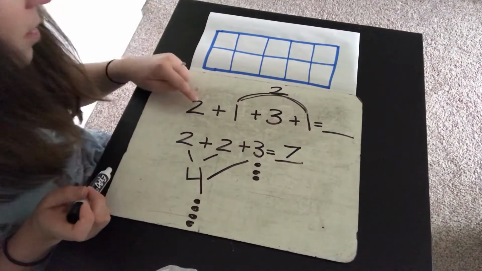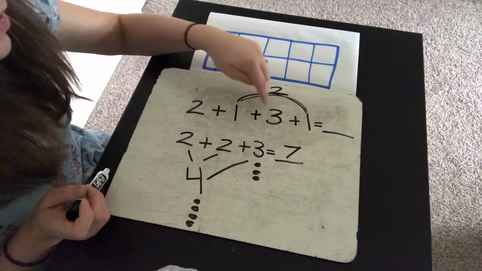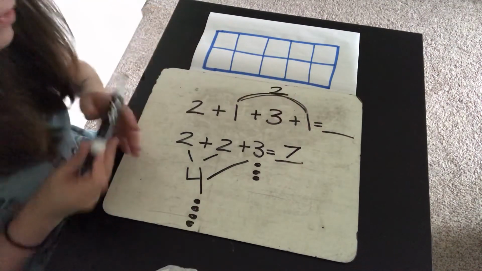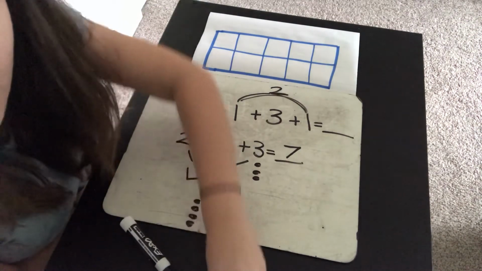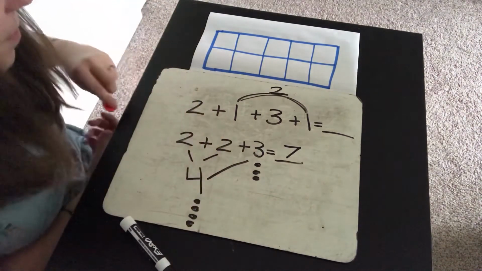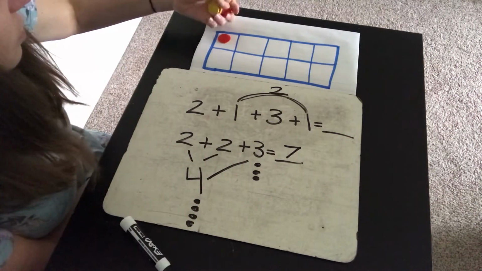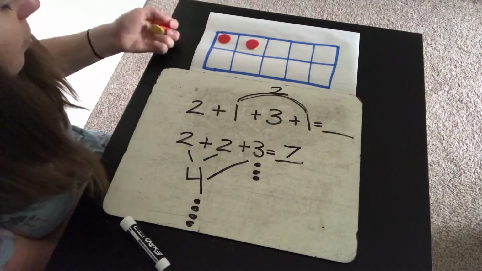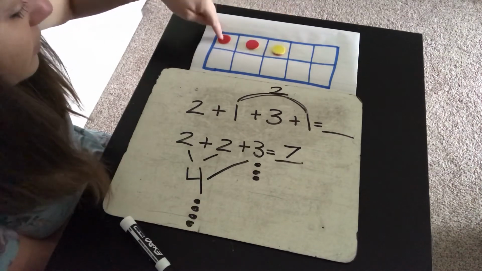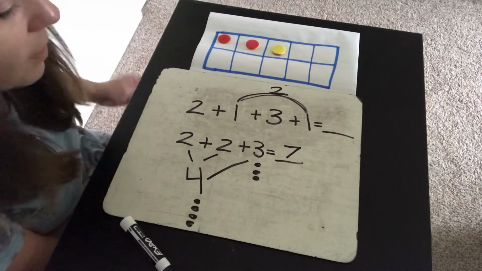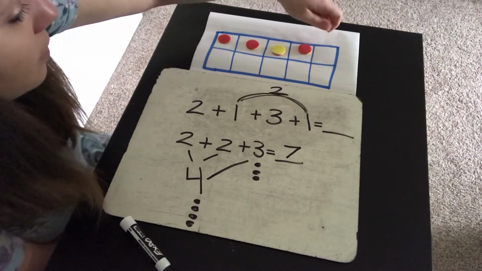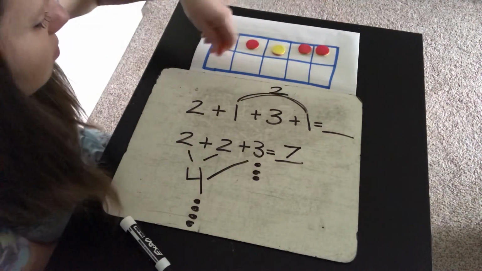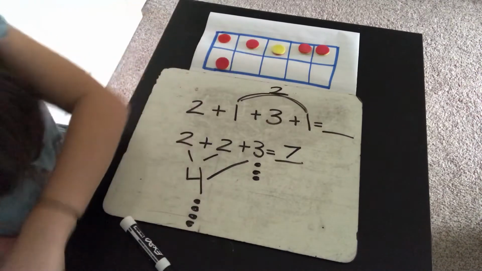So up here now, 2 plus 1 plus 3 plus 1 should equal 7. Let's double check it on our 10 frame here. I know that was kind of a lot of work to figure out that problem. So 2 plus 1, and notice how I'm using different colors for my add-ins. That way it's easy to see. 2 plus 1 plus 3. 1, 2, 3, plus 1 more.